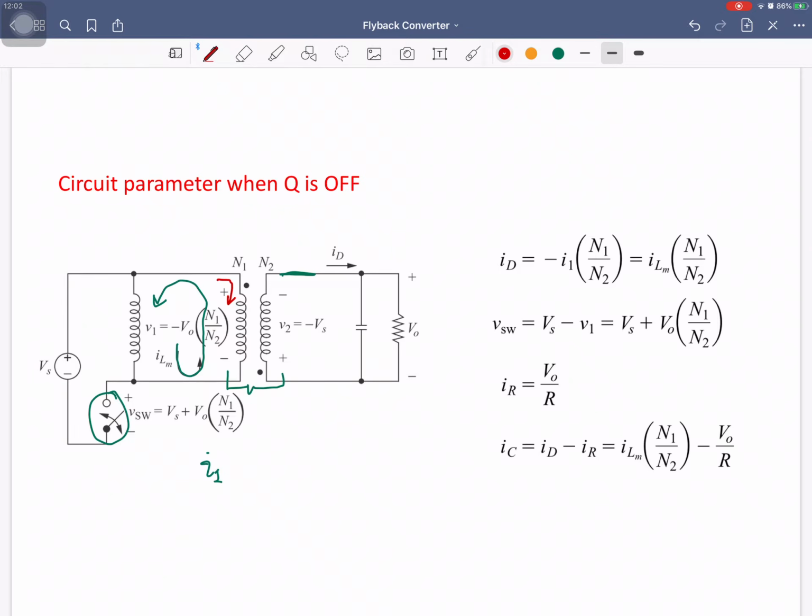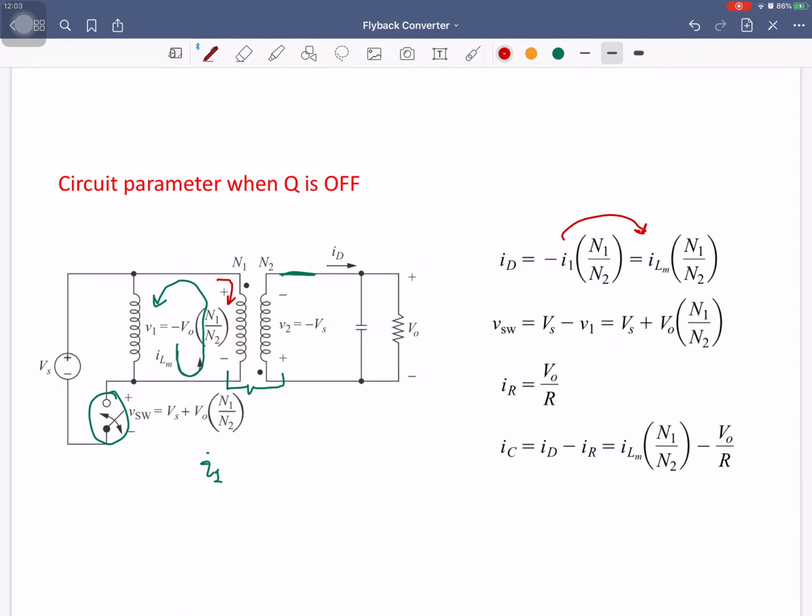Why? Because we have the opposite current on the secondary side as well. So the current in your diode, that is equal to minus I1 into N1 by N2, and this I1 is basically equal to minus of the ILM, the current through the magnetization branch.